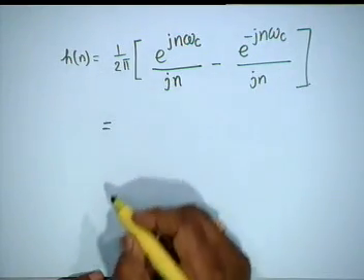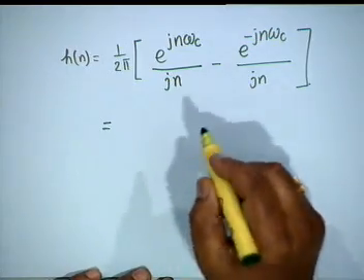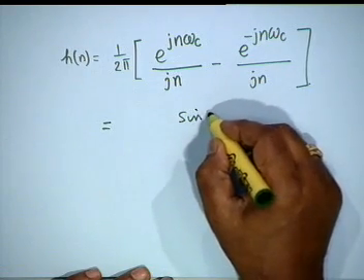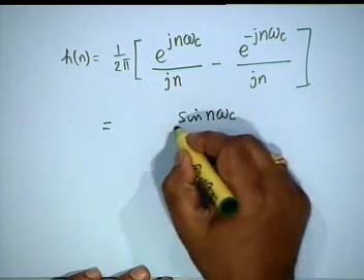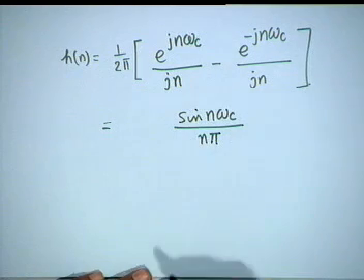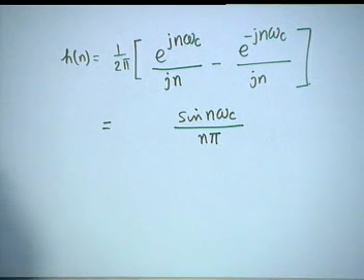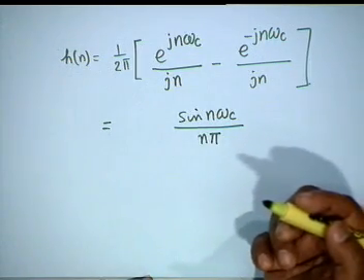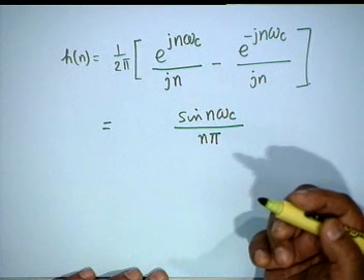You can see that this is simply equal to sine of n omega c divided by n pi. And obviously, when n equal to 0, this blows up, is it?